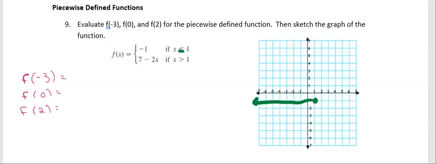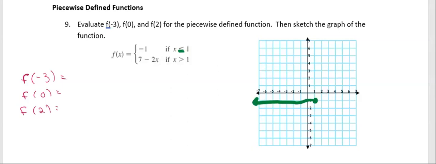If x is greater than, notice there's no equal, it's just greater than 1, then we use 7 minus 2x. Well, I know we can't use 1 in 7 minus 2x, but we can use infinitely close to 1, like 1.0000000000001 would be fair game.